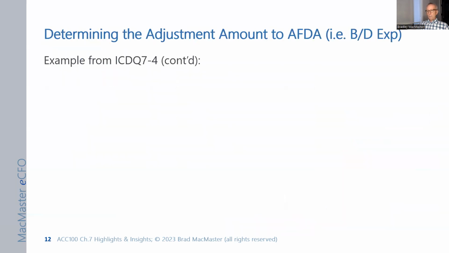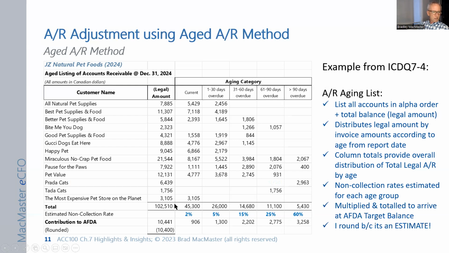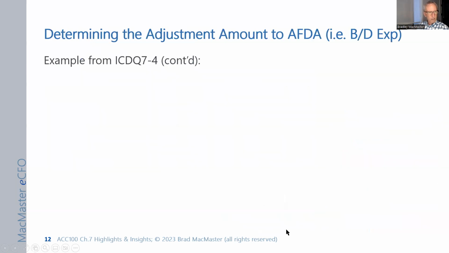All right. If we want to determine then the amount of the adjustment to the allowance for doubtful accounts, if we go back to the previous example, remember that this 10,441 or 10,400, this is our target balance. We want the target balance to bear some relationship to the gross amount of accounts receivable.